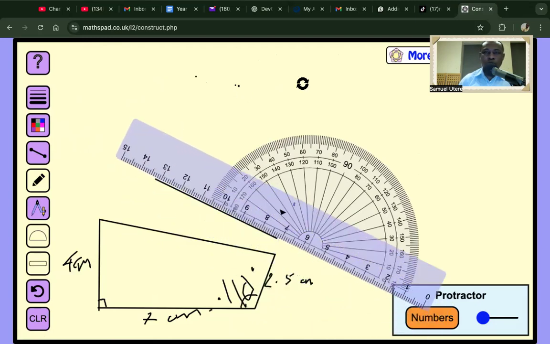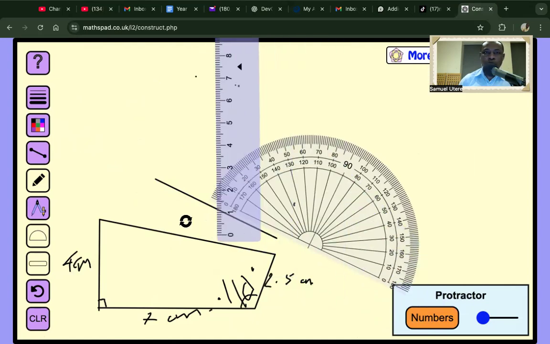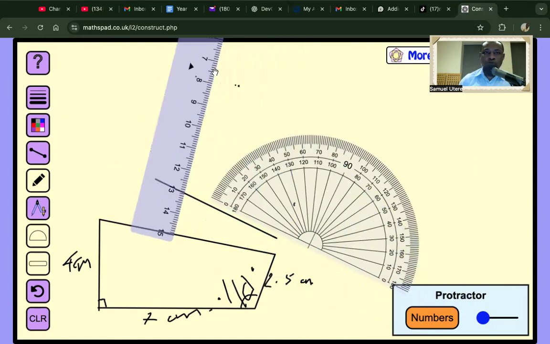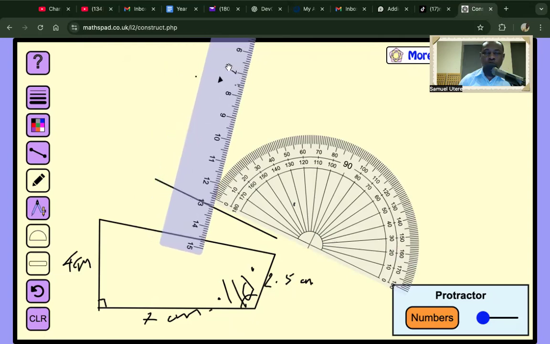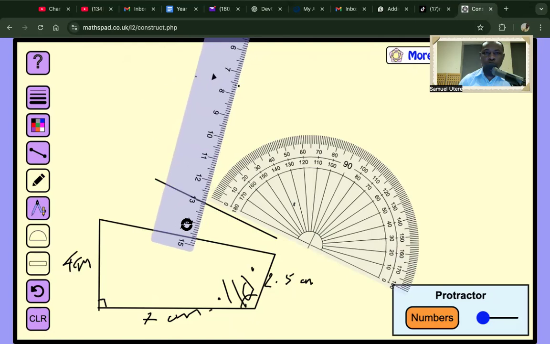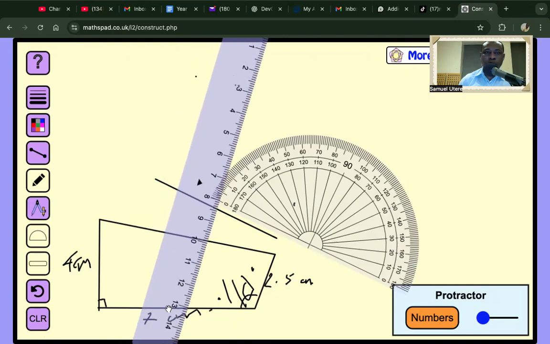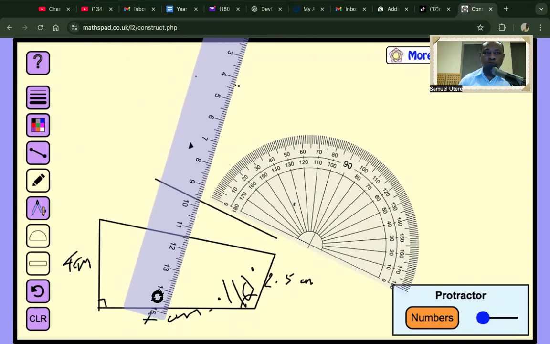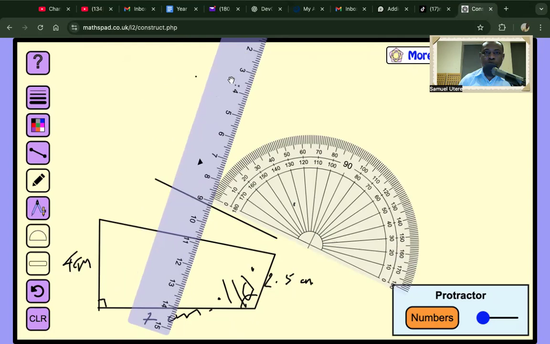So again, we'll move our ruler to line up with that line properly. Because I'm using an online construction tool, you could be even quicker than I am in drawing this. So this is for demonstration purposes only.